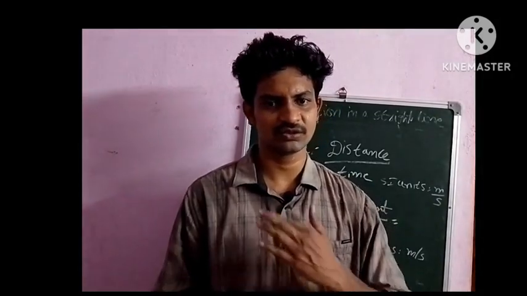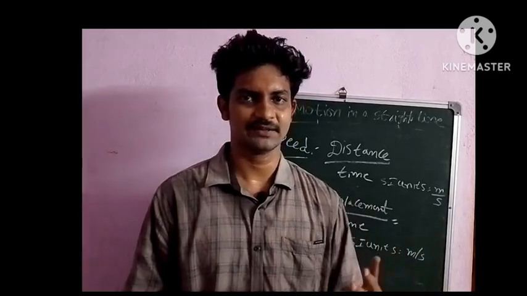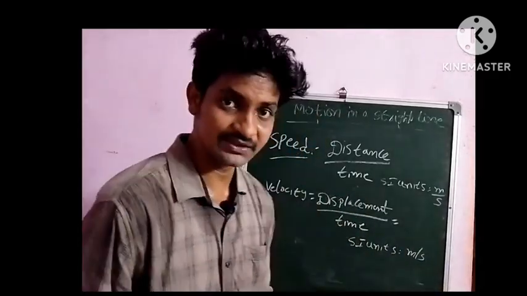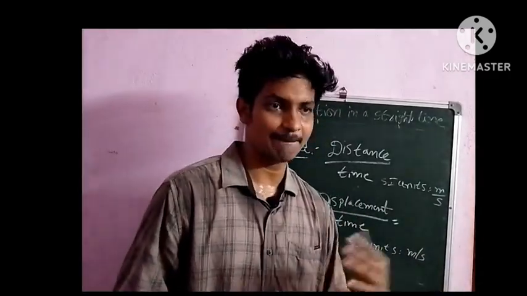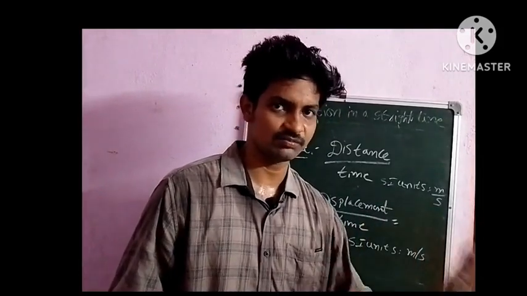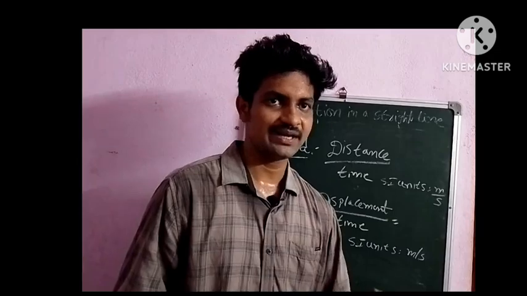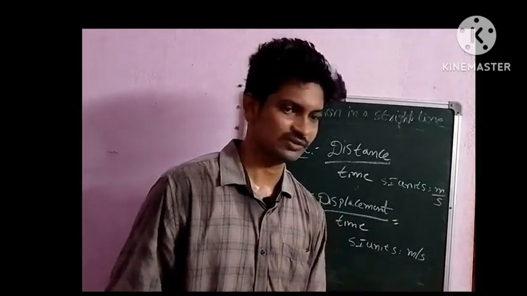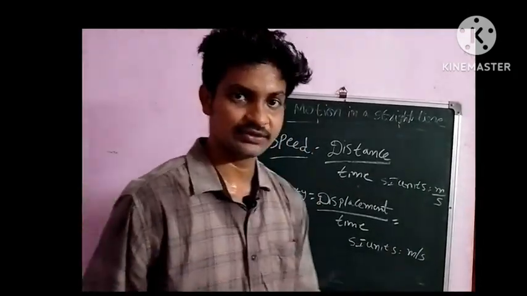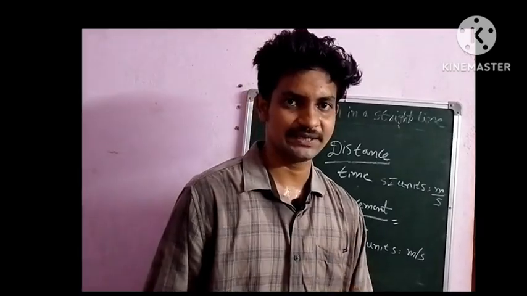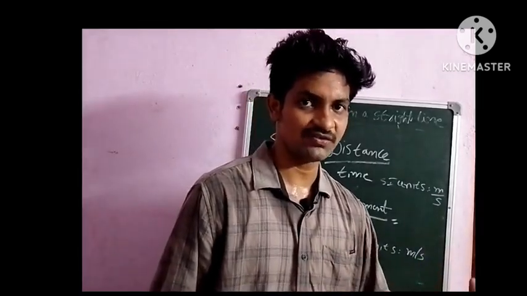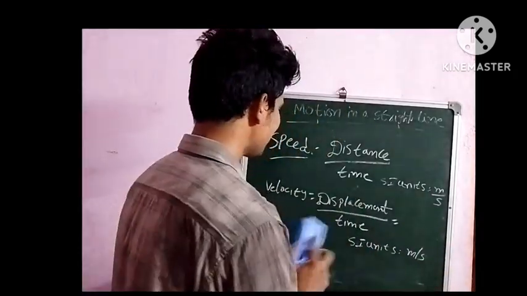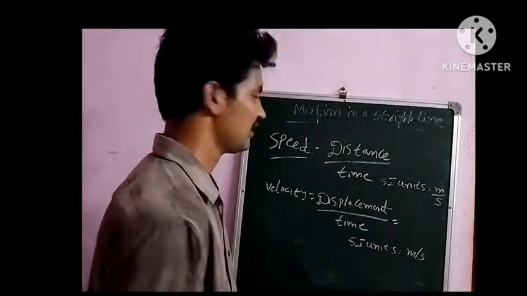In a rush area we go slow, and in a plain area on the highway we go very fast. So our speed is not constant, it goes up and down. At that time we take the average speed and average velocity.